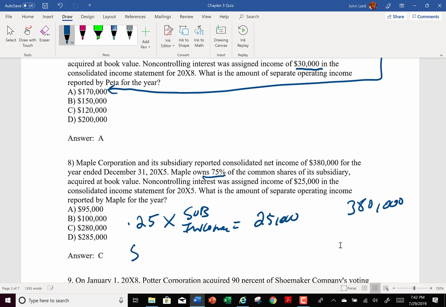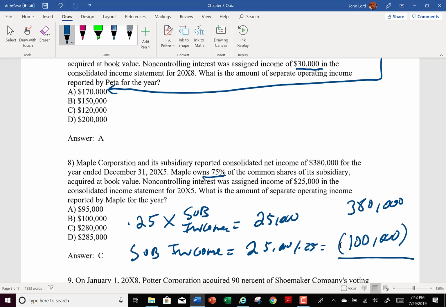I divide each side by 25,000. So sub income is equal to 25,000 divided by 0.25. That gives me sub income then of how much? 100,000. Good. And so I go ahead and I do what? I subtract all of that from the consolidated to get the parent's, right? So that's 280.